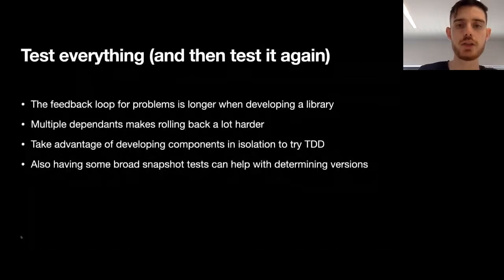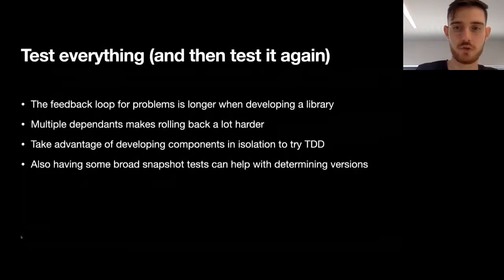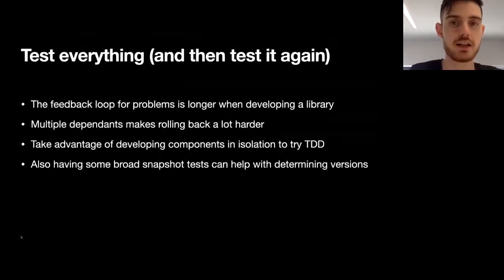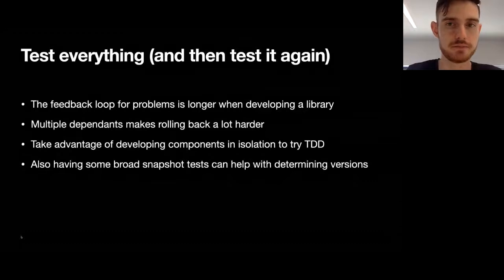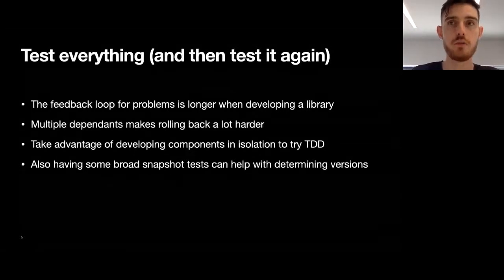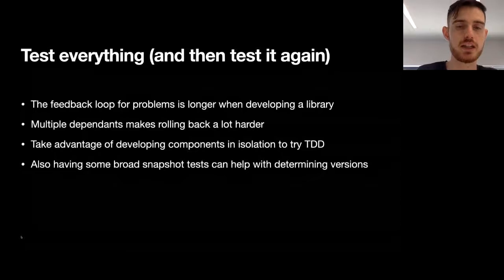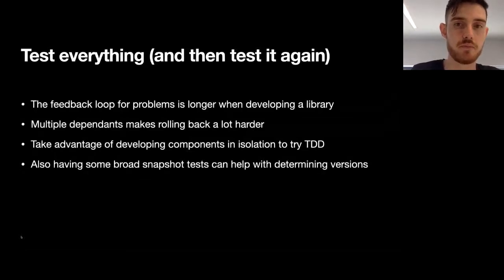The value of doing that is unit testing is all well and good for isolated things, but let's say, for example, we change the font size within one of our text components. We also would like to know, at the point we make that change, what else has that impacted? Because we need to know whether to increment a version as a breaking change across which packages.